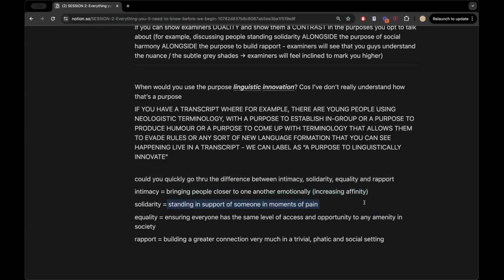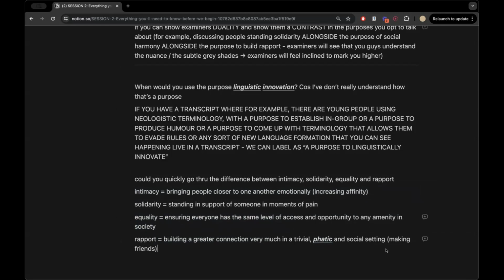Encouraging intimacy and solidarity can very much link together in moments of pain. Equality is a little bit different to the rest because it's on a societal structural scale, and rapport is, as you can see, with phatic function, tied deeply into building a greater connection, right? Just think of it as making friends. Building rapport is making friends.